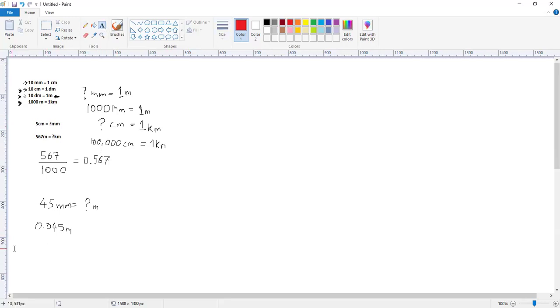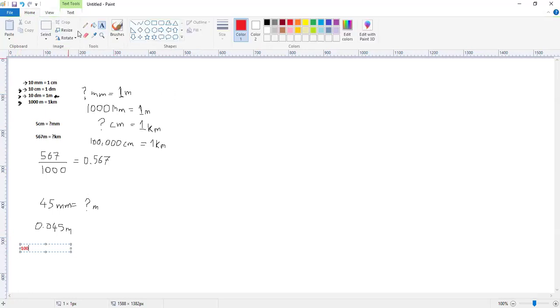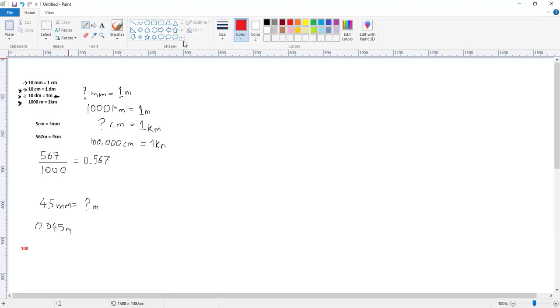All right. For the area, we would have 100. That is the gist of it because it's area measure. Okay.